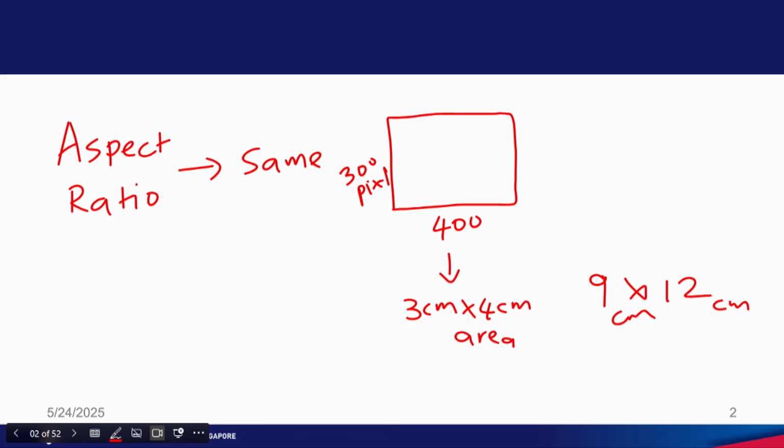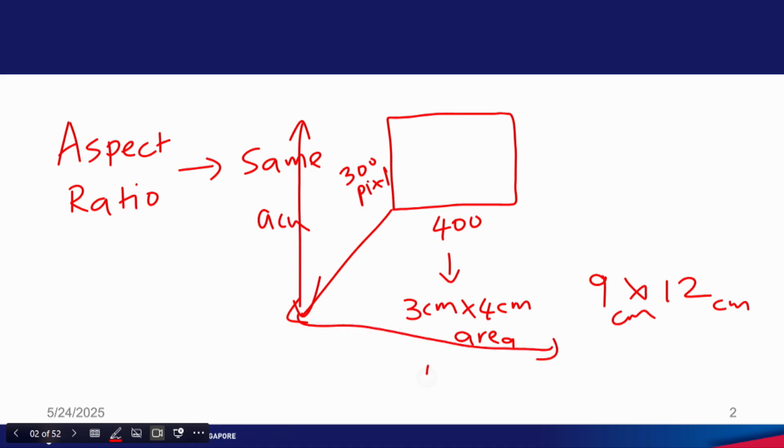So, let us say I zoom in, then finally one side is 9 centimeter, another side is 12 centimeter, that is the correct aspect ratio. This ratio is still 3 times 4, right. This is called aspect ratio. Whenever you deal with figures, do not change the aspect ratio. You have to keep the same aspect ratio. Quite often I see, especially among the Indian students, that you do not give any respect to this aspect ratio.